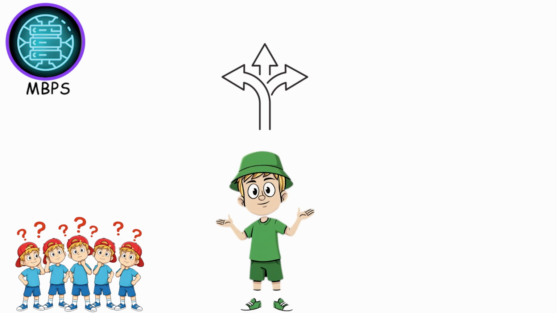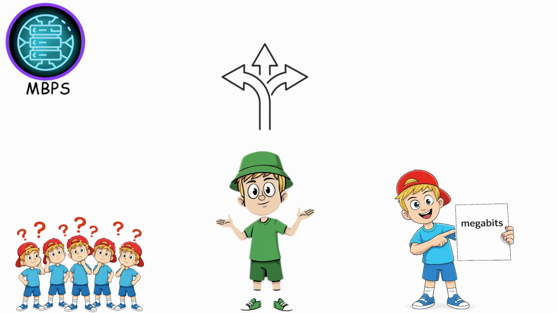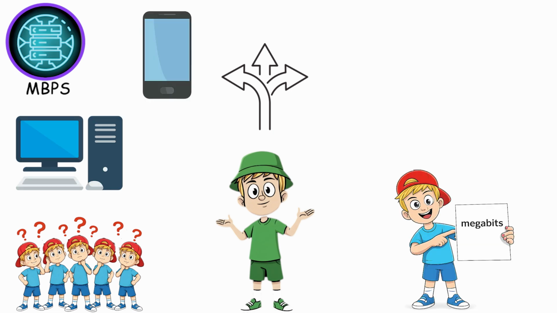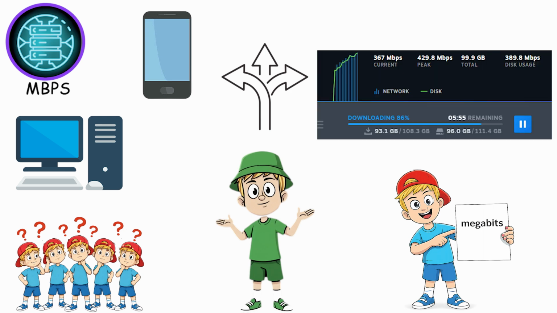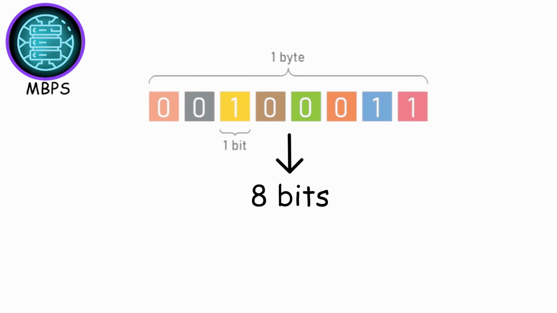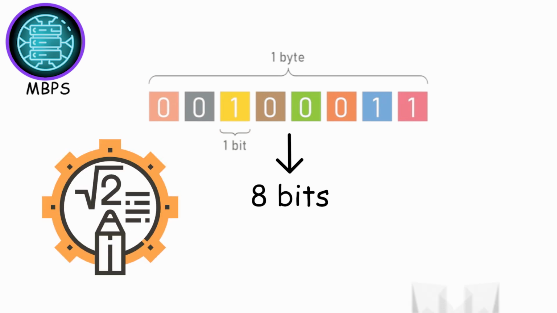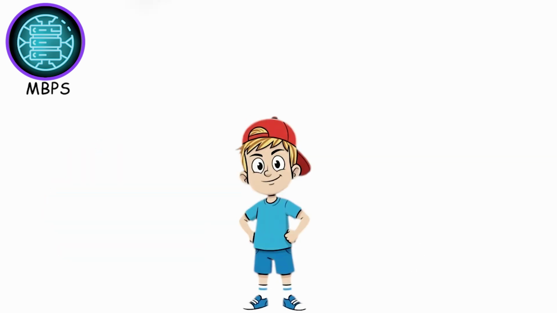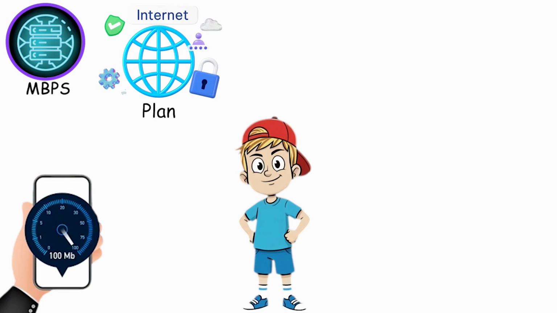Internet service providers advertise speeds using megabits, while computers and smartphones display download progress in megabytes. So 1 byte contains 8 bits. The math creates apparent discrepancies. Suppose your internet plan promises 100 megabits per second.